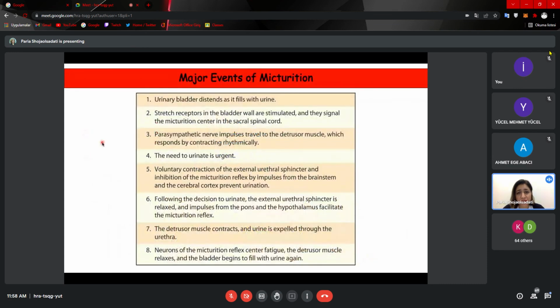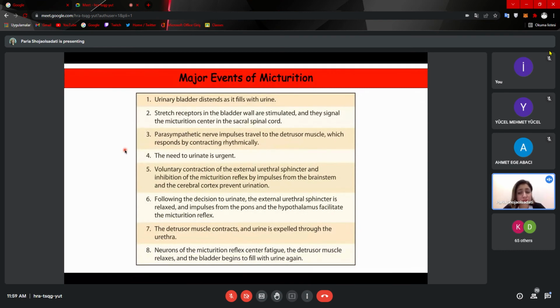Micturition is a complex function and needs different receptors and different performance during parasympathetic and sympathetic function. For example, as the urinary bladder distends as it fills with urine, the stretch receptors in the bladder wall are stimulated and the signal from the micturition center is sent to the sacral segments of the spinal cord.